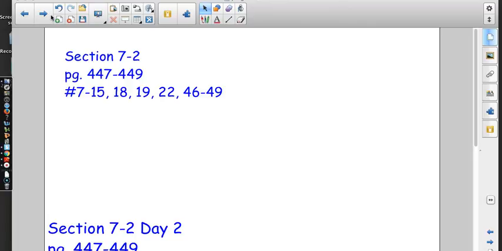So 10 through 15 will be the graphing. What am I explaining? Well, in the first one, you're going to explain how to tell whether something's exponential or it's up where it says, do you understand?